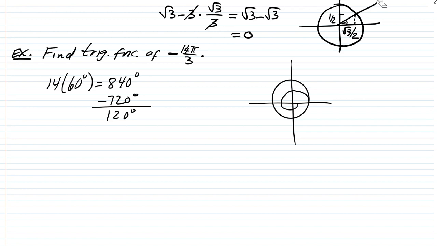So what I need to do is this. I went 1 revolution, and we went to the second revolution. And we go another 120 degrees. This will be the terminal side. So the angle is going to terminate in the third quadrant.